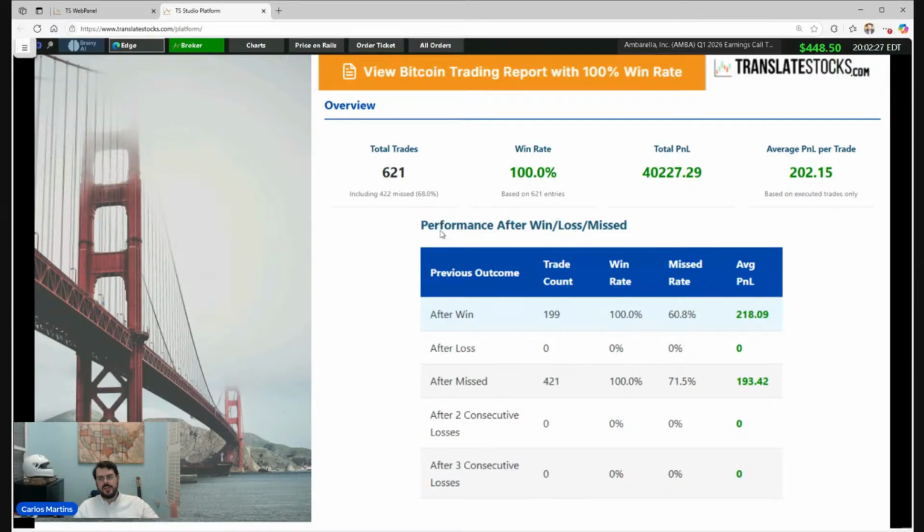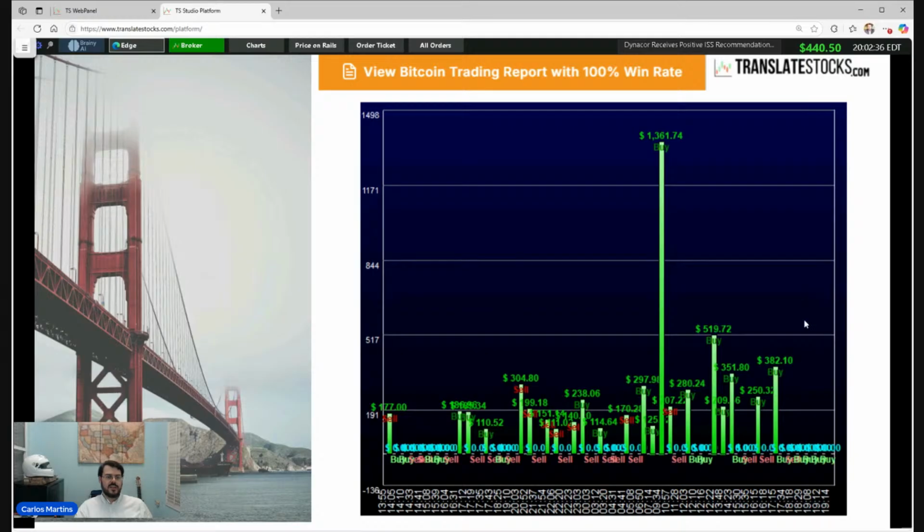I have a lot of explanations for you guys if you are interested in understanding why these things run this way. But we do have this kind of view when we go with a 100% win rate strategy. All these zeros in blue here are the missed trades, but we have a lot of winning trades, it seems like a forest. Each bar here is a trade, an entire trade with an entry and an exit order.